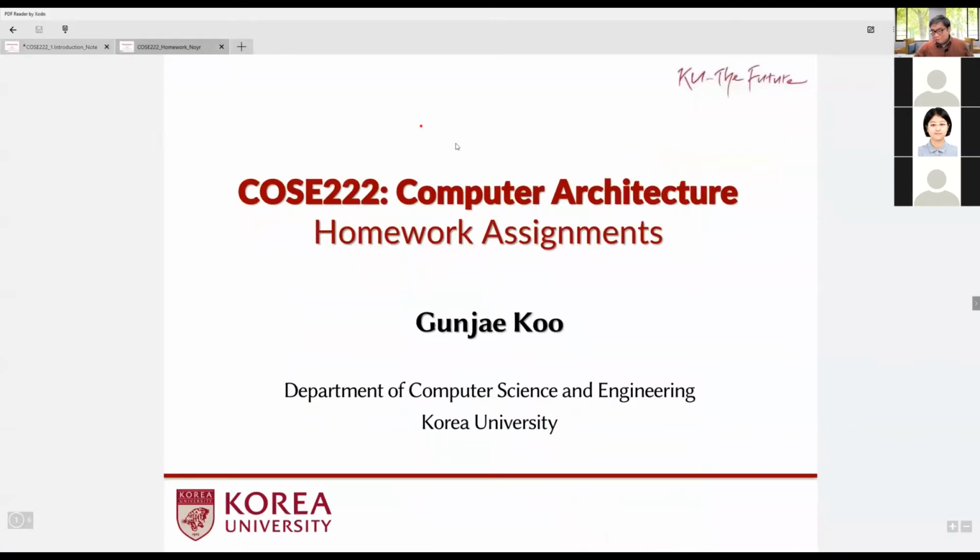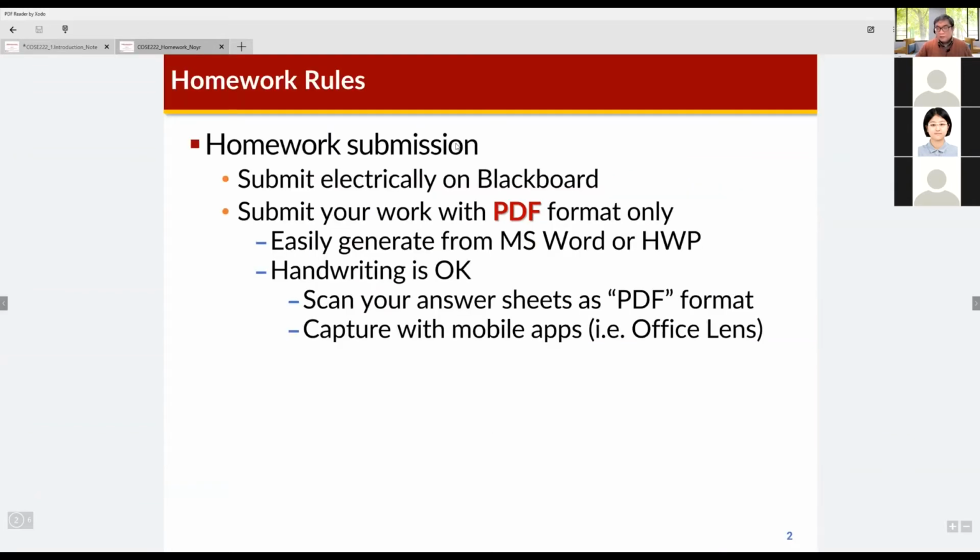Also, I will briefly explain the homework assignment. Actually, it's not the first, it's a zeroth homework. Zero points are allocated to this first homework, so it's just a survey, not a serious homework. I will post the homework questions on the Blackboard in PDF format.